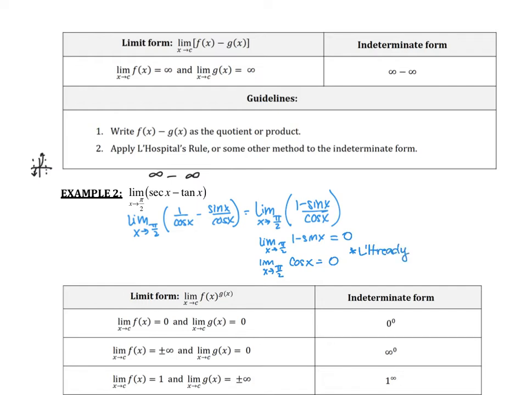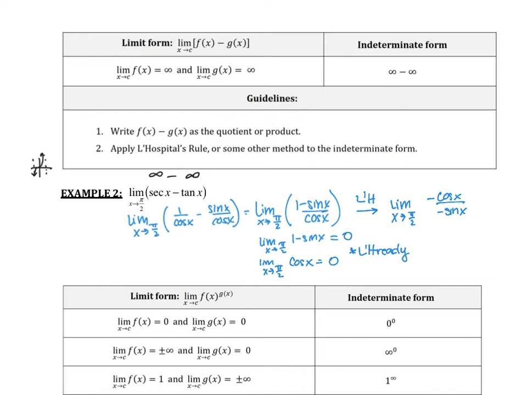I'm going to make a note that the process I'm using right now is L'Hopital's. I'm going to indicate that I'm changing this using L'Hopital's. Otherwise, it doesn't really make sense as to why my limit can just change. And yes, that is a good habit to get into for the AP test. So we get negative cosine of x, the derivative of 1 minus sine of x, over negative sine of x, the derivative of cosine of x.